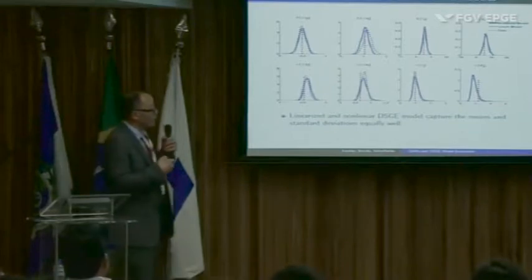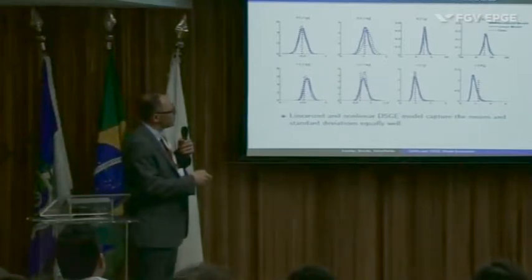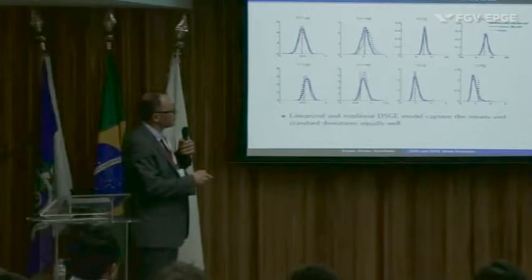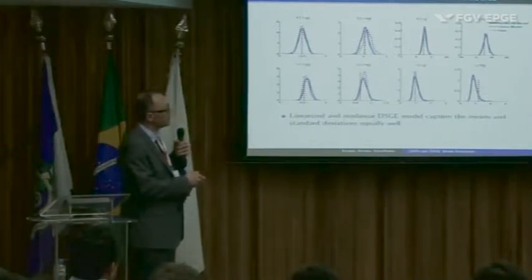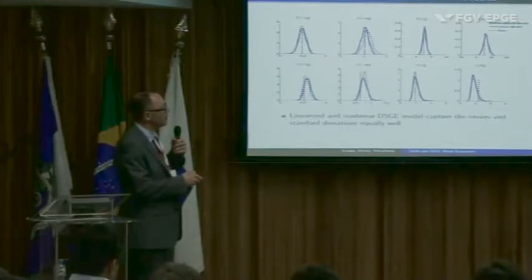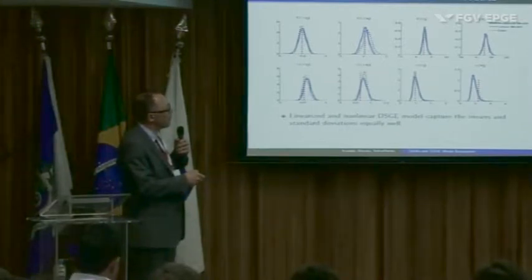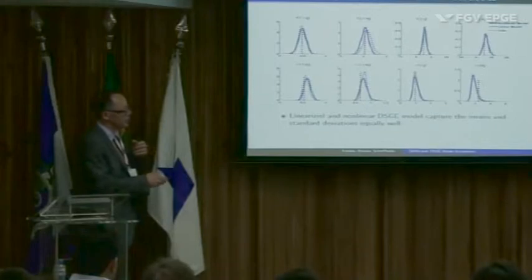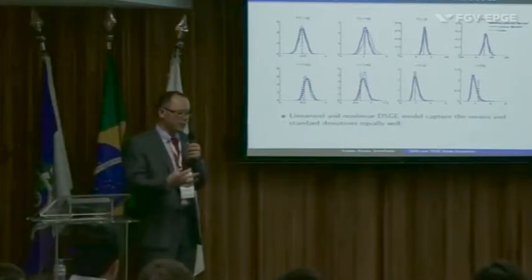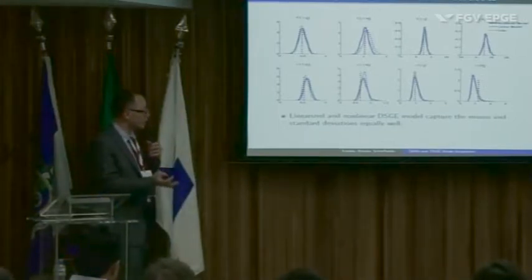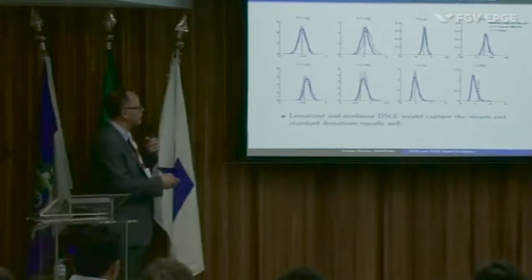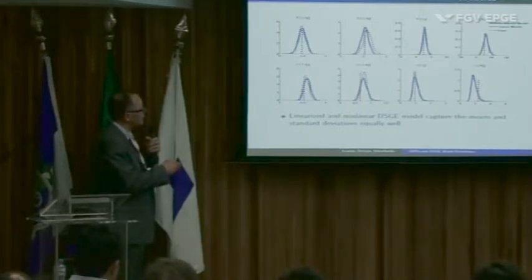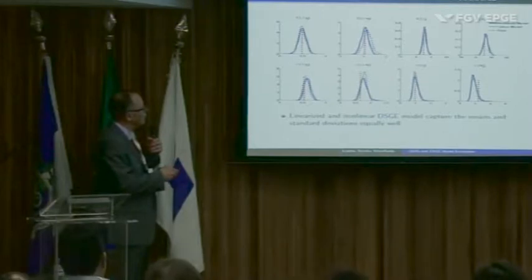The blue density is generated using simulations from the nonlinear model. We've also estimated just a linearized version of the DSGE model, and the black dashed densities are generated by simulating the linear model. Everything that we can compute on actual data, we can compute on simulated data, and vice versa. And so the red line just indicates the actual data.